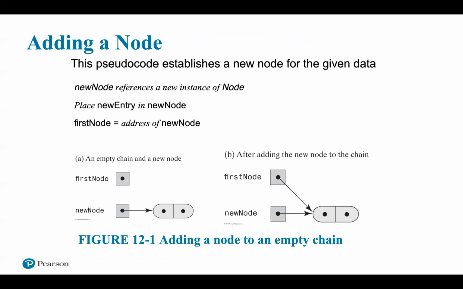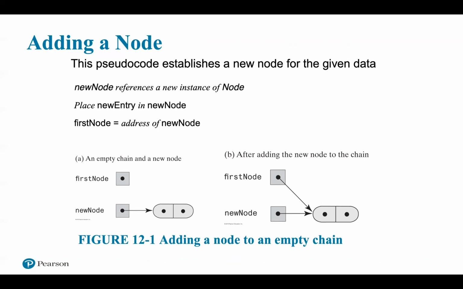Although we have added nodes to an empty chain before, let's recall the necessary steps. First node is the head reference to a chain. It will contain null when the chain is empty. Figure 12.1a illustrates this state, along with the node that we want to add to the chain.